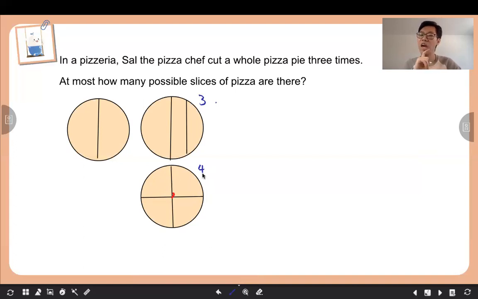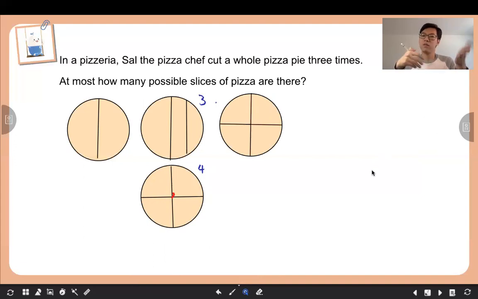And how can we get to the third cut? Well, that's still easy. Let's just proceed from our cut that resulted in 4 pieces, like this. And someone says we can cut it just like how we originally cut our pizza. We can go through the previous intersection like this, right? Fair enough.